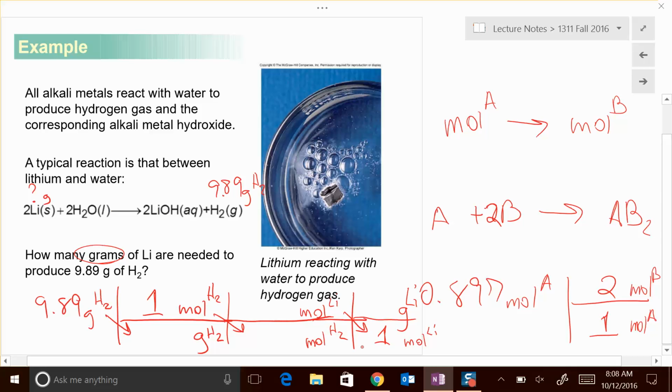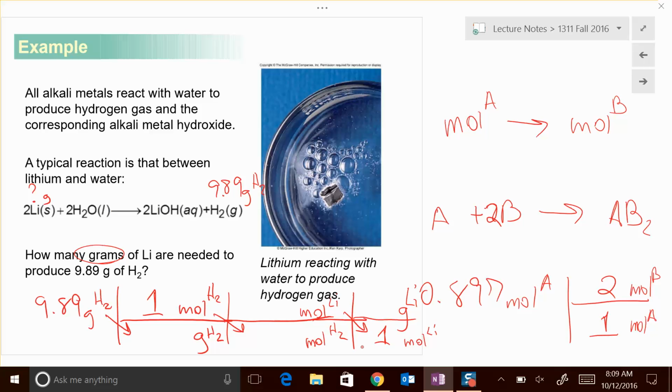But you look here and you say, oh, there's 2 lithiums, so you want to put a 2 there. That's not what we're trying to use. We're not trying to figure out how many grams of lithium there are in 2 moles. We want to find out how much lithium weighs for every 1 mole. That's what we want to put here, not every 2. That 2 is going to come into play right here anyways.